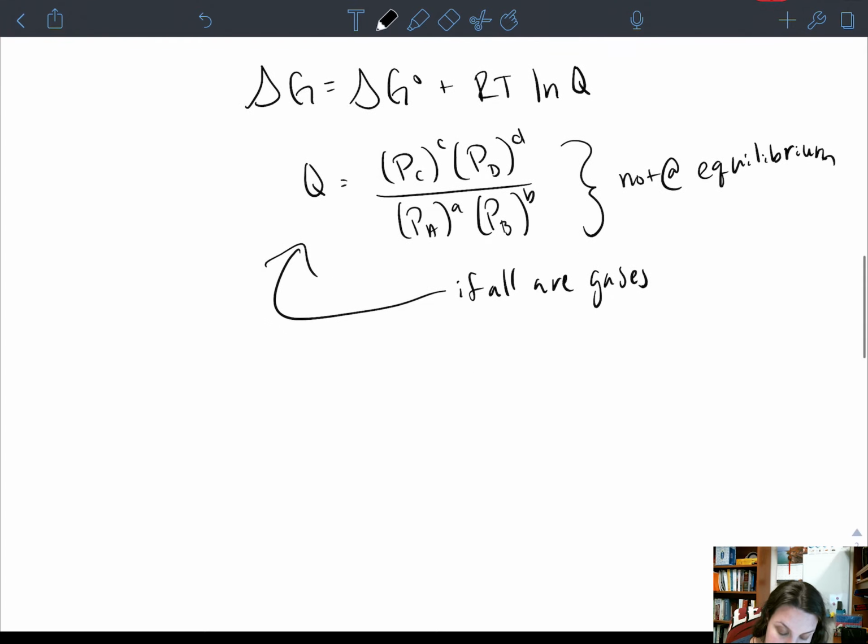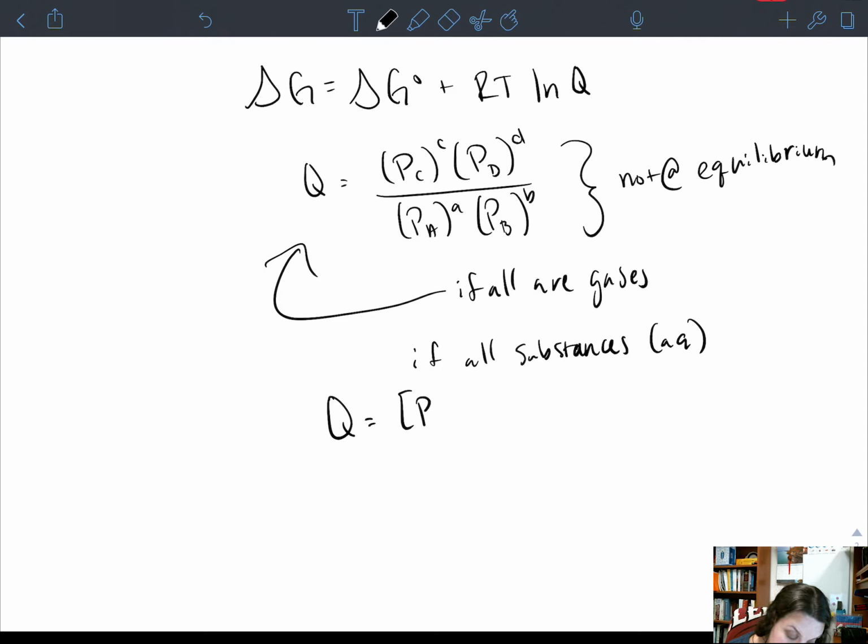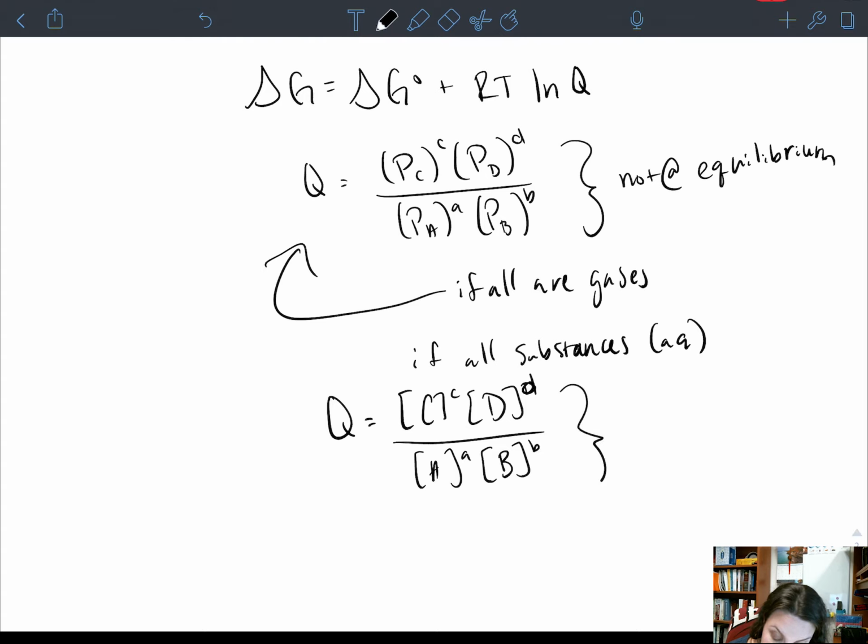But if all our substances, or most, are aqueous, then we'd use Q equal to our concentrations, right? But again, not at equilibrium.